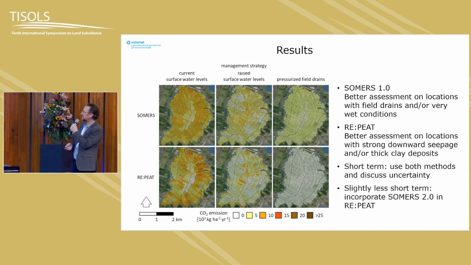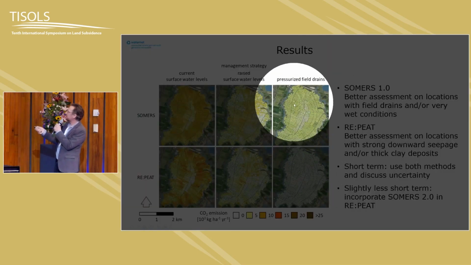What did we see? On the top you see the SOMERS maps, and on the bottom you see the REPEAT maps. This is another polder. We have a lot of polders in the Netherlands, so we picked another one. On the top end, that's the nice thing. This is what SOMERS tells us.